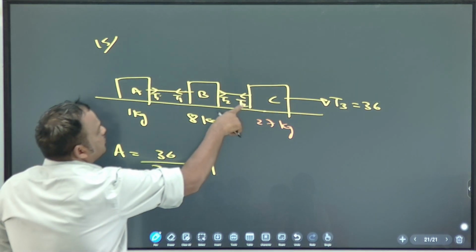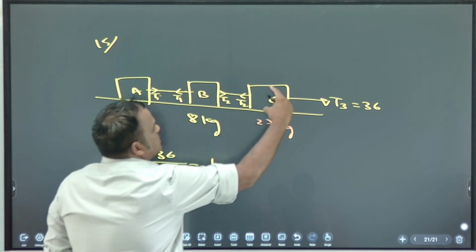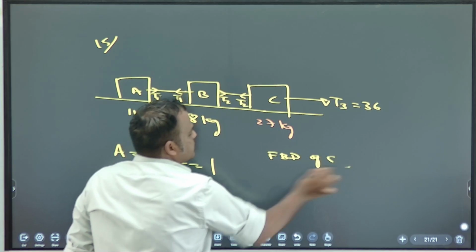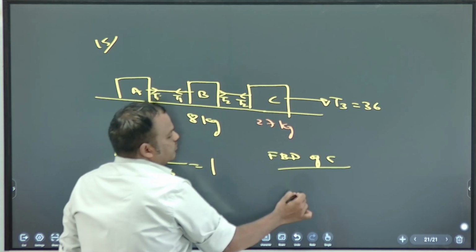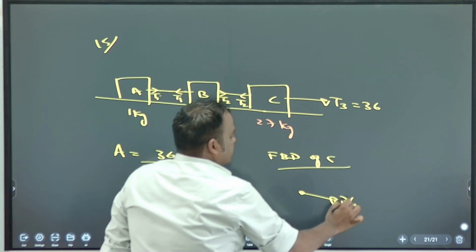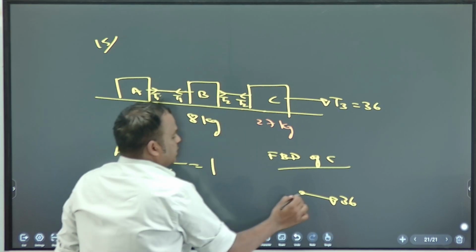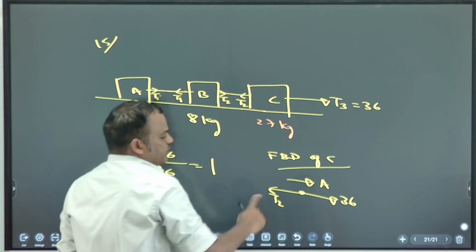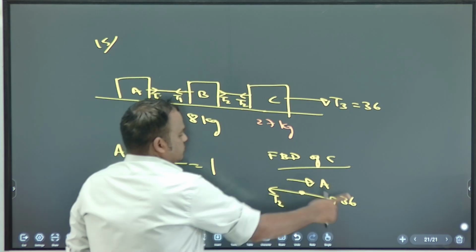They are asking T2. So draw FBD of C. Free body diagram of C. For C, what is the rightward force? 36. Leftward force? T2. Acceleration is where? Right side. So which is greater? Right side greater.